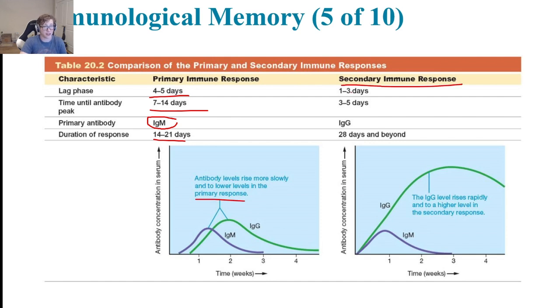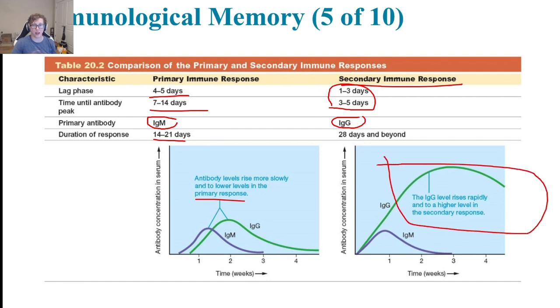Secondary immune response, the lag time and the peak until antibody, much faster. The difference here is that IgG, it's that one that's most commonly produced. And you can see it rises rapidly in the secondary response. The IgM also works, but it's a lot less. And the reason for that is that IgM is a higher cost antibody.